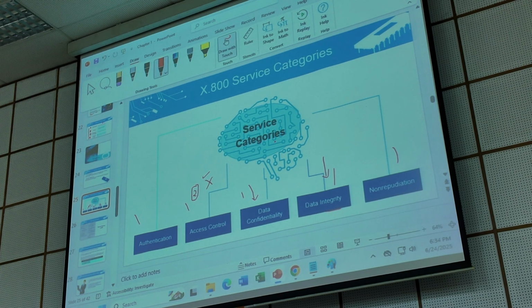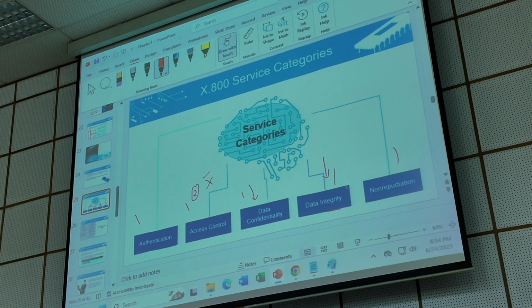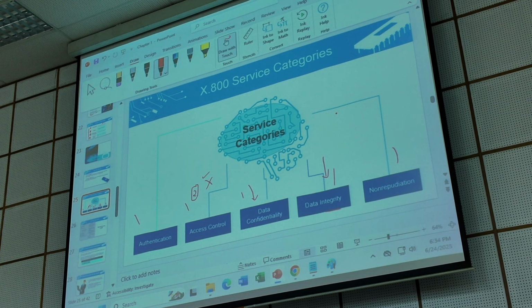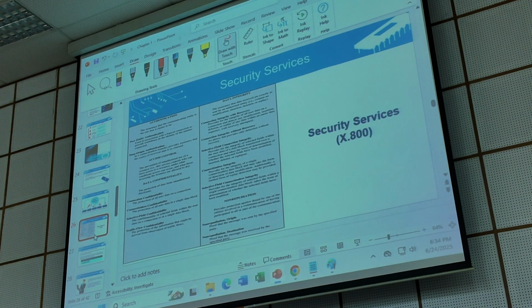Security services. Here are 5: authentication, access control, data confidentiality, data integrity, and non-repudiation. For this course, all is theory, so you need to remember.